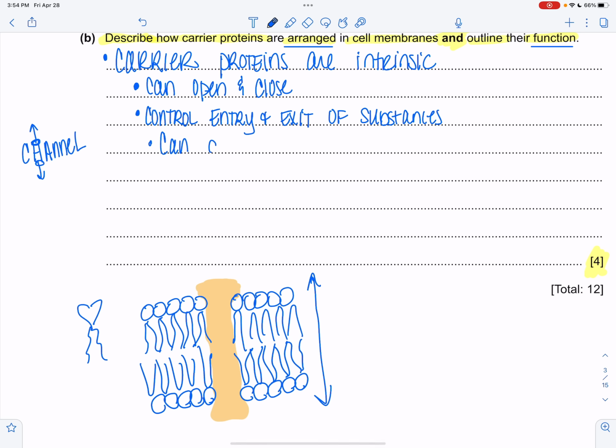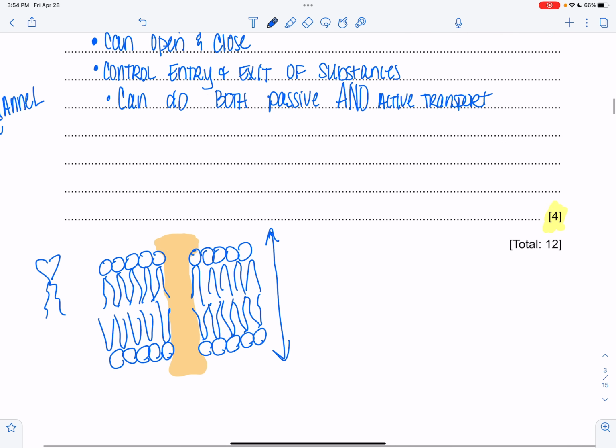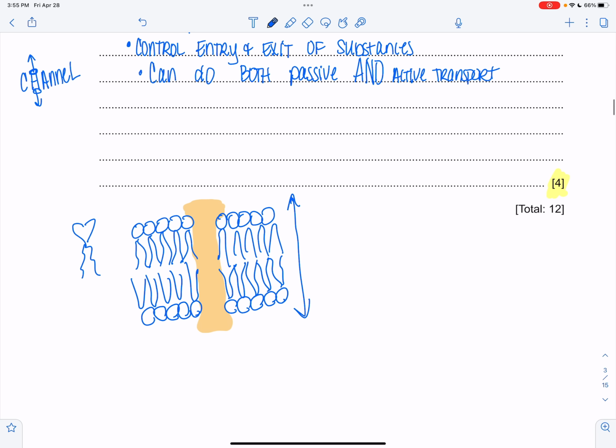Okay, they can do both passive and active transport. And so just a reminder of that. Passive transport does not require ATP, and this is like diffusion.